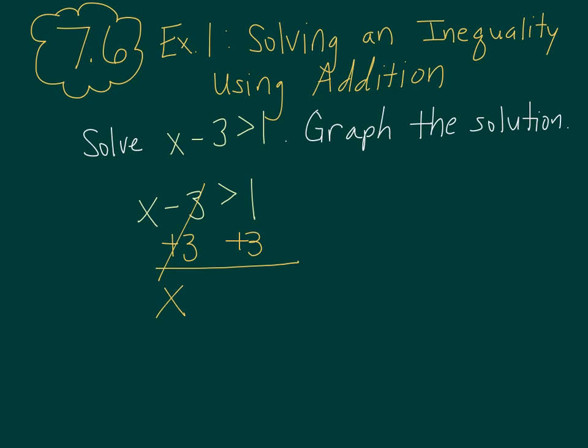So we've got x over here, and then on the other side we've got 1 plus 3, which is still 4, and then the only difference is instead of sticking that equal sign in like we have before, we're going to actually use the inequality symbol that we started off with, which is this greater than sign. And so we just solved our inequality once we got the variable isolated all by itself, and so it says our solution is x has to be greater than 4.